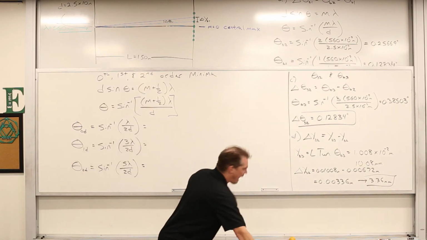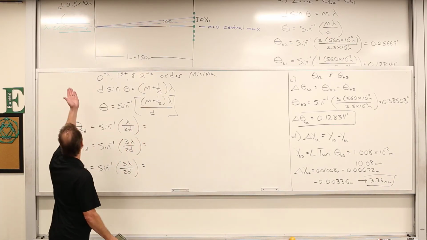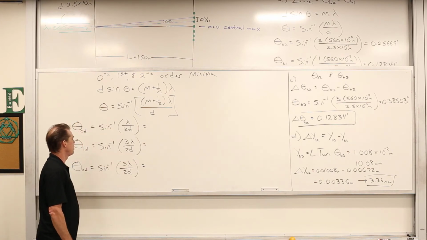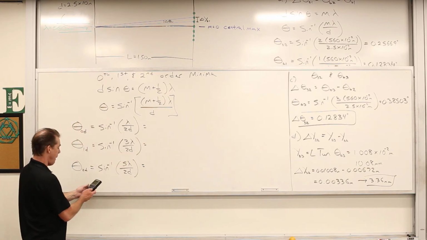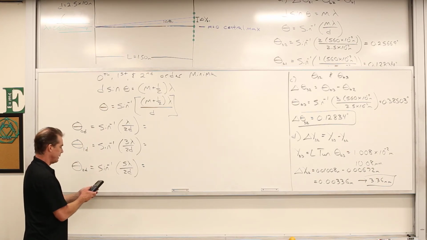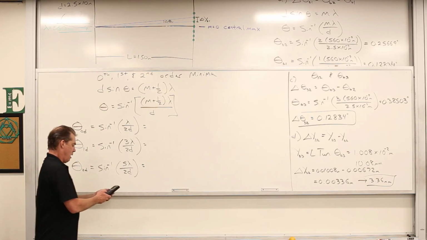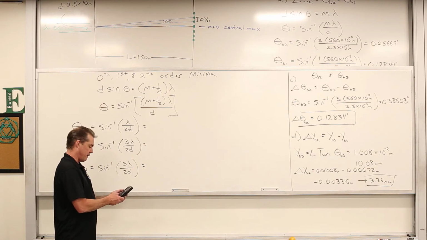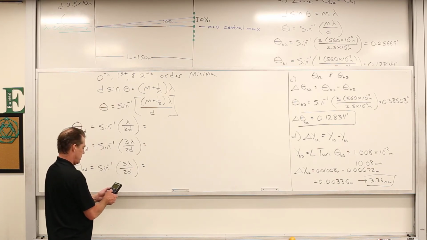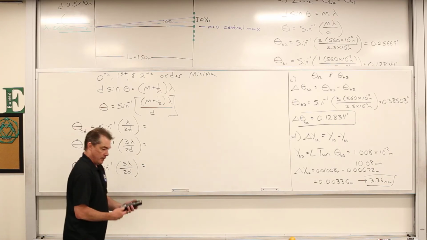Excuse me. So what do we got? We know what lambda is, 516 nanometers. We know what d is, 2.5 times 10 to the negative 4 meters. And let's do these really quick here. So we've got arc sine of 516 e to the negative 9 times 1 divided by quantity of 2 times 2.5 e to the negative 4.